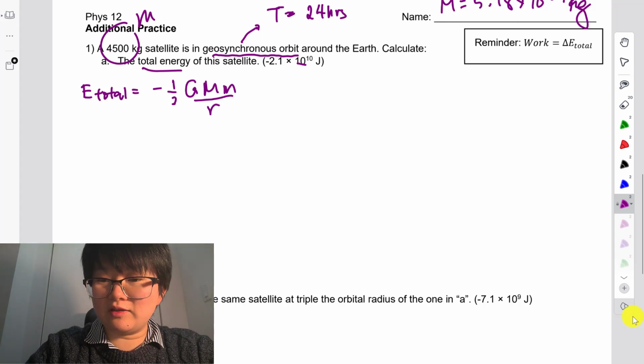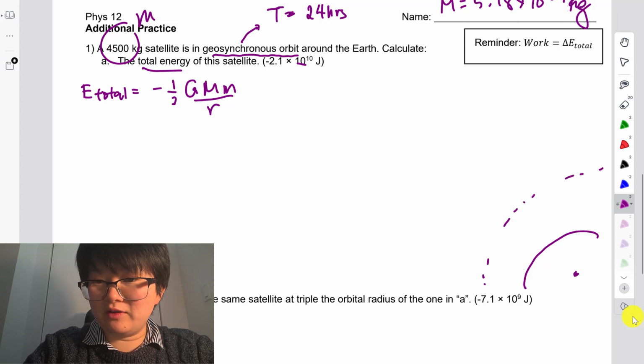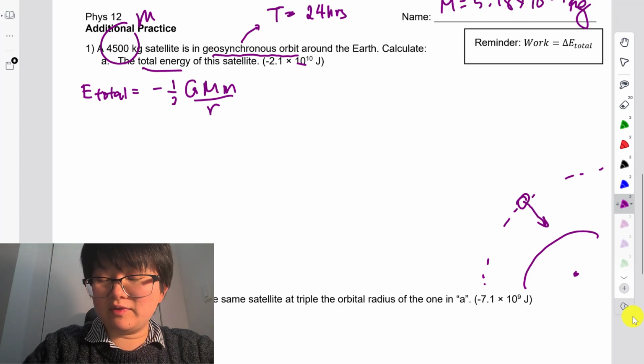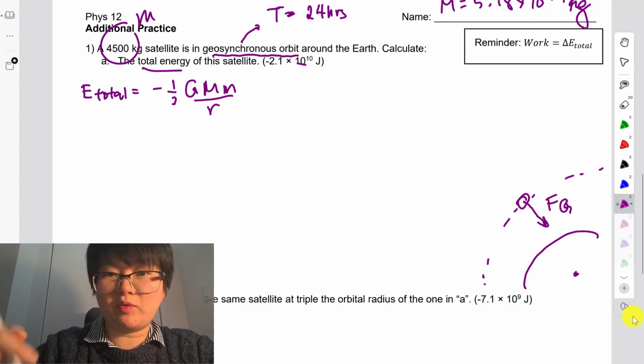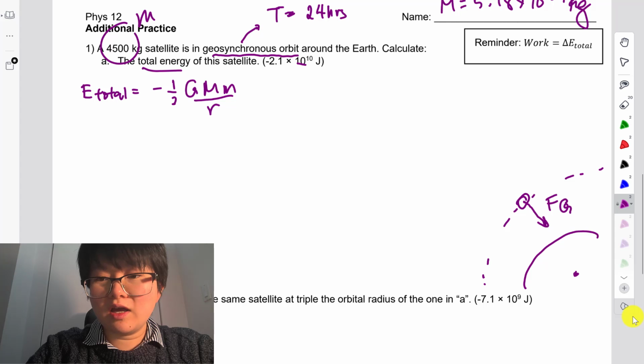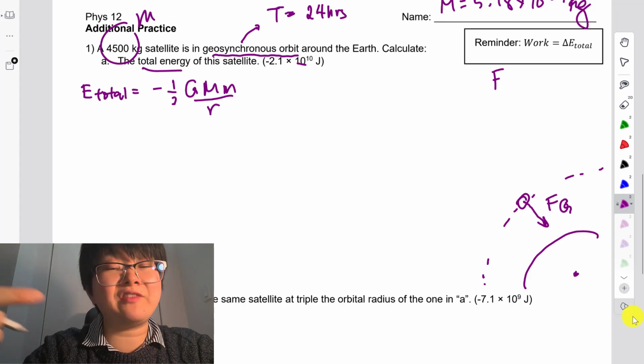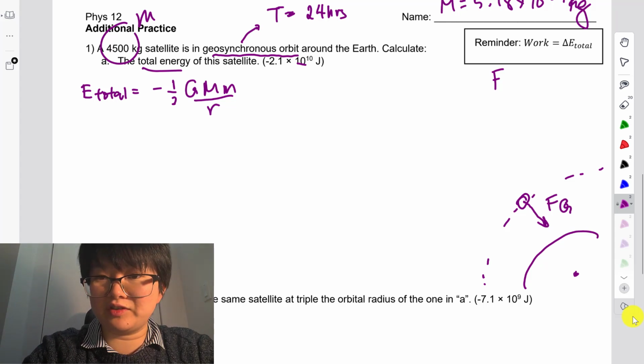Now, I'll do this one over here. We go back to the basic idea again. Always start with a free body diagram, no matter how few forces you have. It shows us that the force pointing towards the center of the circle is the force due to gravity, and that's the one contributing to your centripetal force, or your F net, towards the center of the circle.